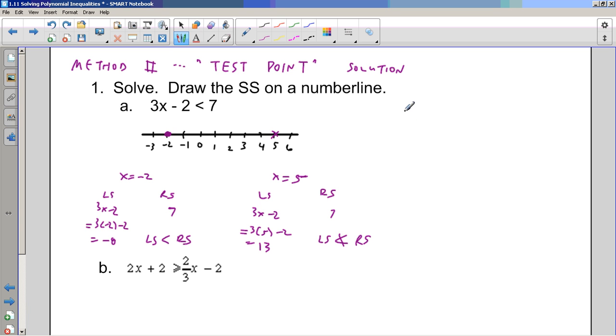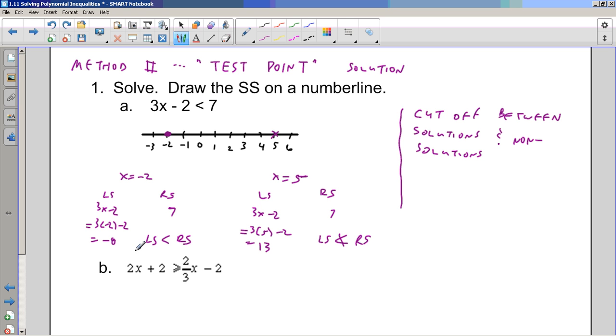Where's the cutoff? The cutoff between solutions and non-solutions occurs when this is equal, right?